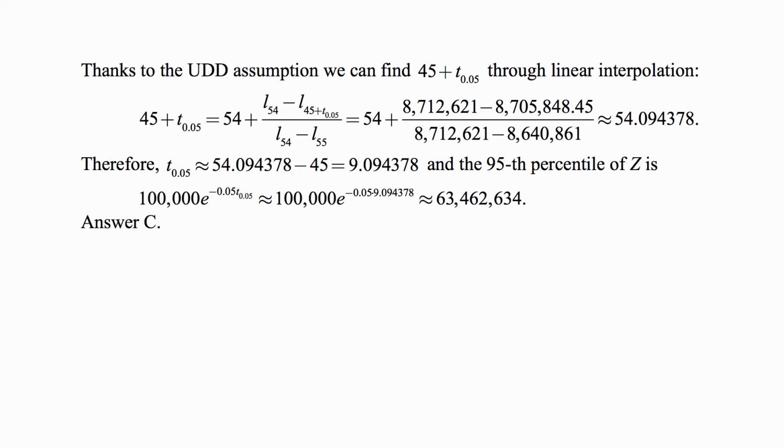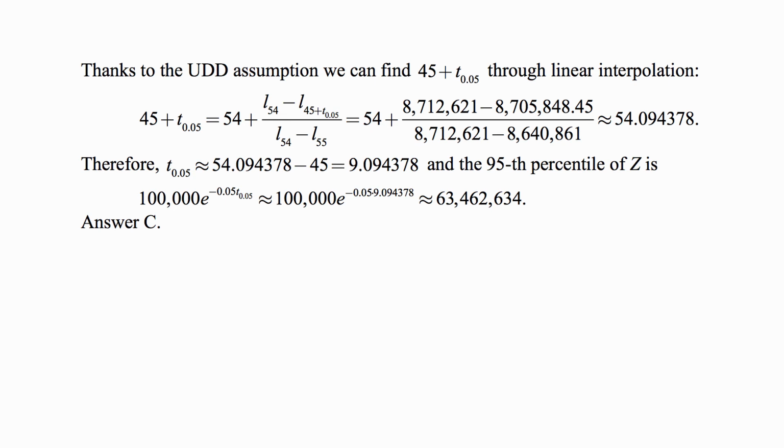Well, that means that T sub 0.05 is 54.094378 minus 45, so it's 9.094378, and the 95th percentile of Z is 100,000 times e to the minus 0.05 times T sub 0.05.